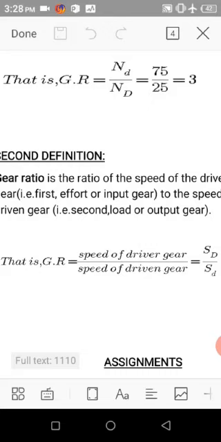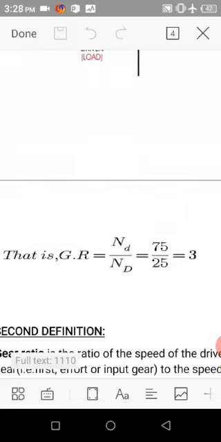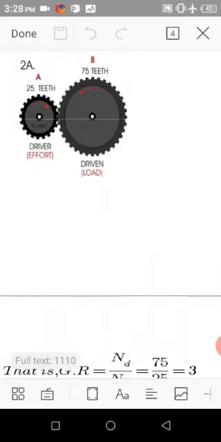If you want to compare this with the one in which you are given the number of teeth, we can see that the small one, which is the driver gear, because of its smaller size, is going to have higher speed.